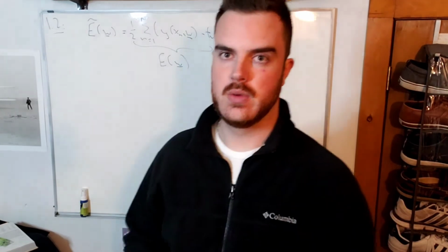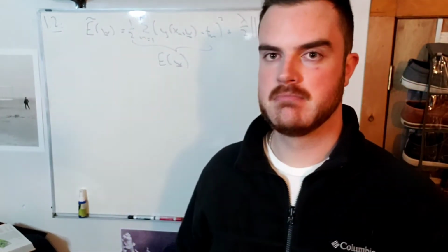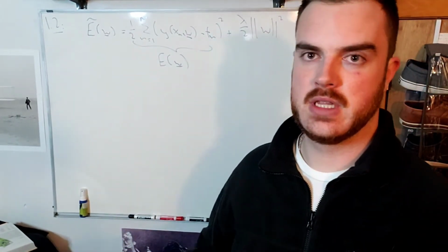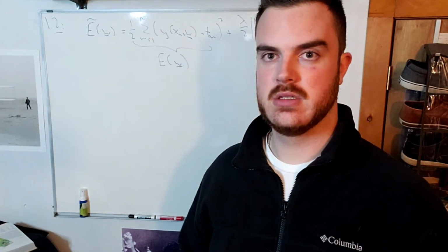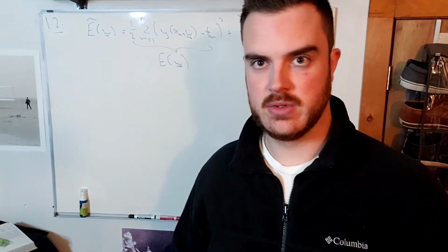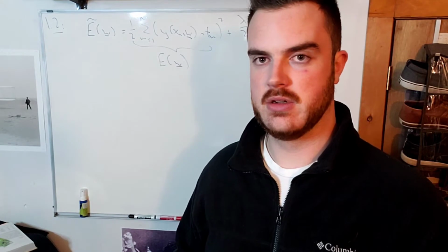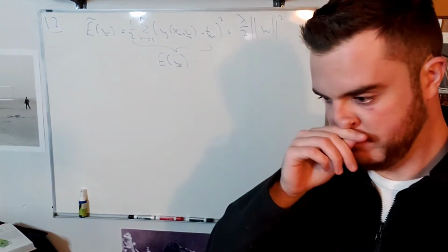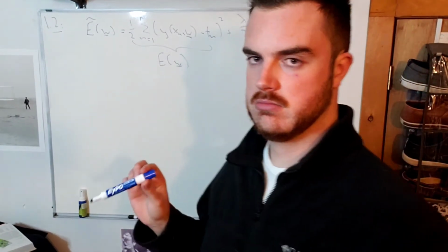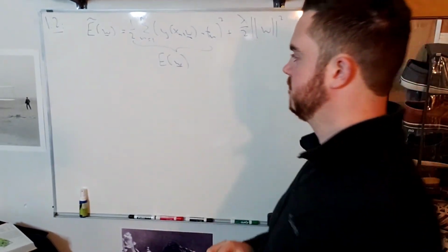And again, the way that we want to minimize this function and find the parameter vector that minimizes the function, take the gradient with respect to the parameter vector, set it equal to 0. Physically, what's going on is similar to the little plot that I drew last time.